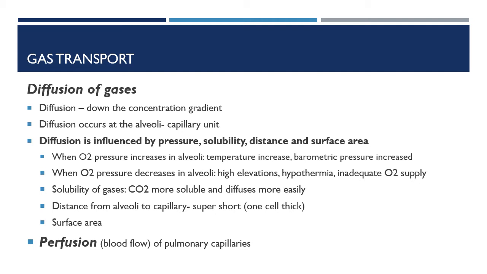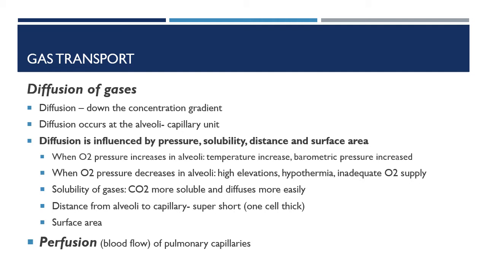What about the second point? When O2 pressures decrease in the alveoli. So at high elevations, the partial pressure of oxygen in the atmosphere is lower, right? So when you climb a very, very high mountain, there's less oxygen pressure up there. And if there's less oxygen pressure up there, there's less pressure of the oxygen getting to the alveoli. Okay. What about an inadequate oxygen supply?